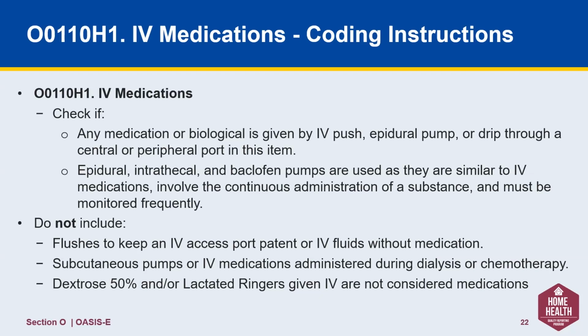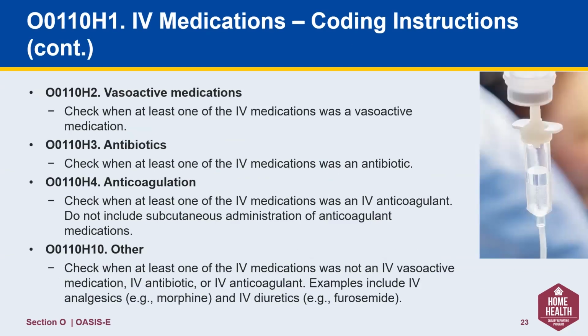Subcutaneous pumps or IV medications administered during dialysis or chemotherapy would not be included, and dextrose 50% or lactated ringers given IV are not considered medications. Here are a few more coding instructions for H1 IV medications.